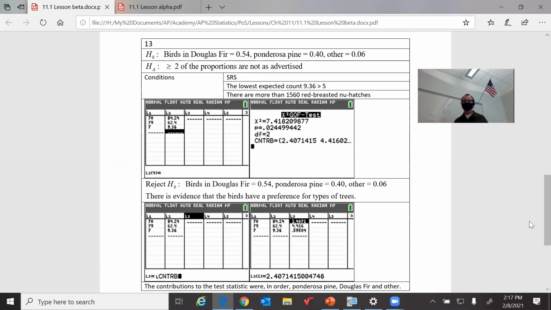13. We have these trees, and the birds nest in these trees. So we expect from the past that 54% of the birds in the Douglas fir, 40% in the pine, and 6% in other trees. The alternate is 2 or more are not correct.